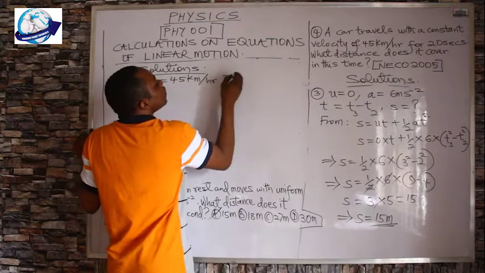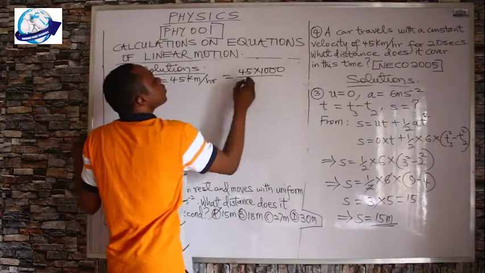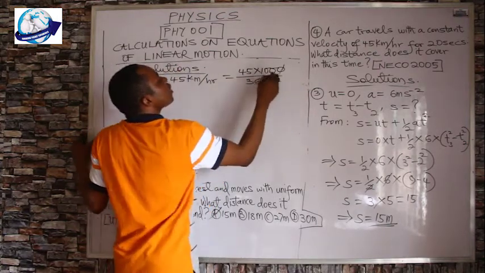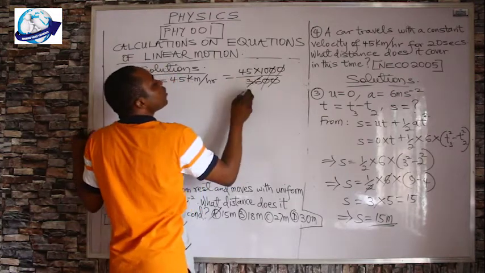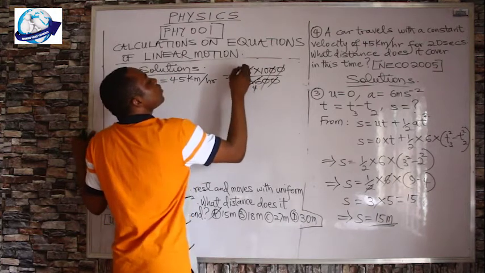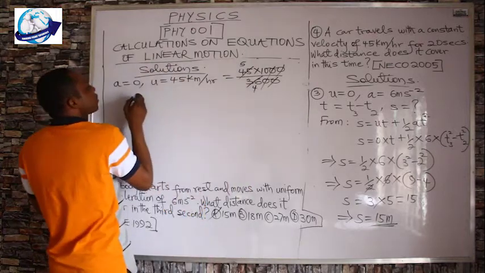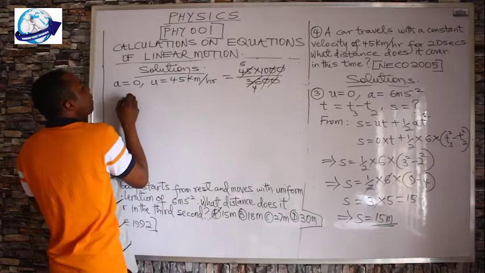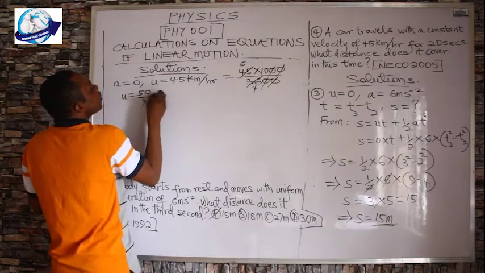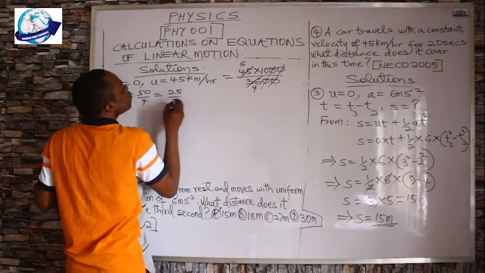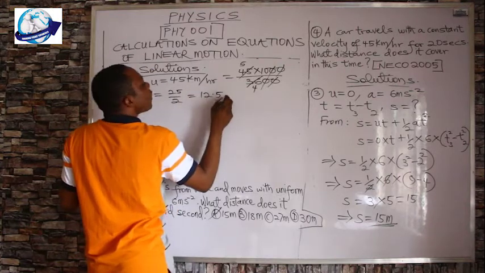You have 45 times 1,000 all over 3,600 seconds. 9 going here, you're going to have 4, and 9 going here, you're going to have 5, and then you have 50 over 4. That means our u value is equal to 50 over 4, that means 25 over 2. That gives me 12.5 meters per second.